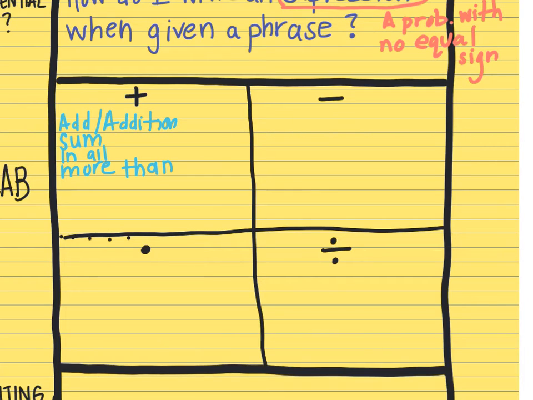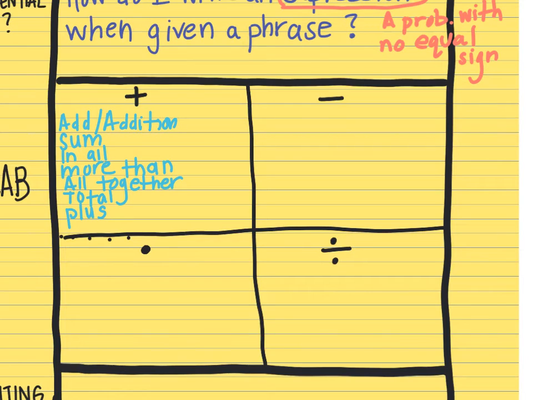Sometimes you'll see all together. That's very popular, like what is the cost of the items all together? You might see the word total. And a simple one that you've known since you were younger is plus. Together and all together are kind of the same thing. So those are words that you might see as you are working along.